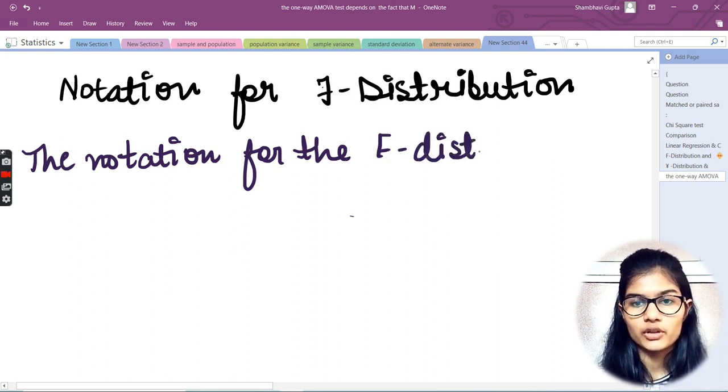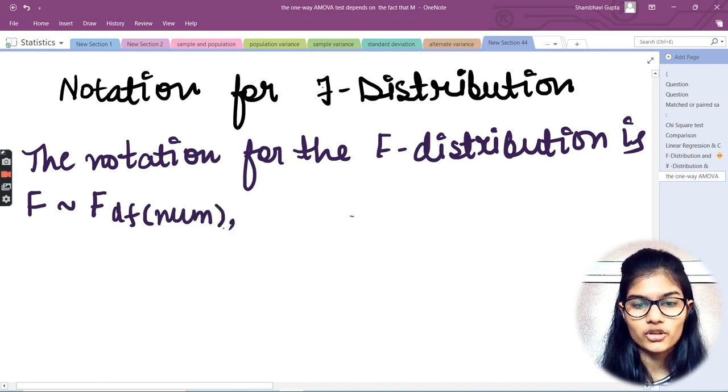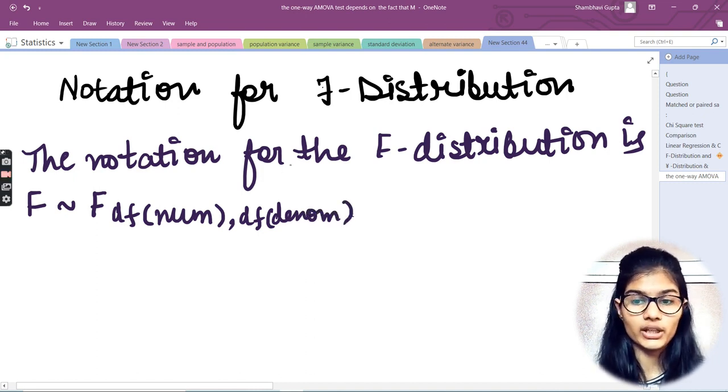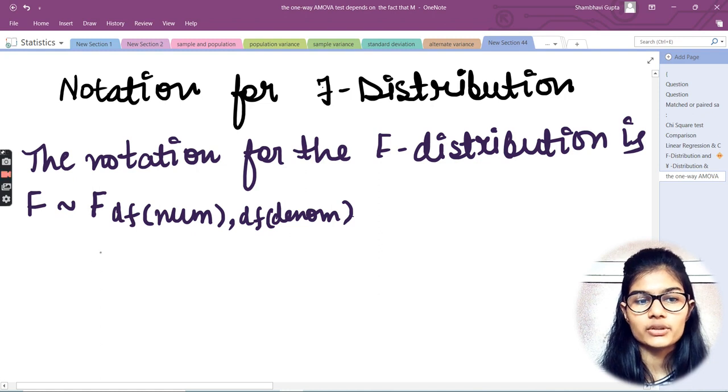The notation is F approximately equal to F, with df numerator, then a comma, and df denominator. So F approximately equal to F df, with the numerator and the denominator degrees of freedom. Now what do these particular things all stand for?